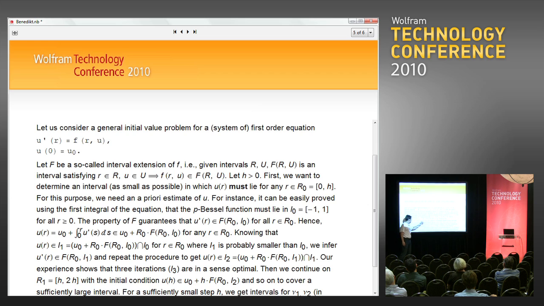We can do this, and this interval is maybe wider than 0,1, so we do this. So now we know that the interval I1 is possibly smaller than the first a priori estimate, and we can repeat it as many times as we want.